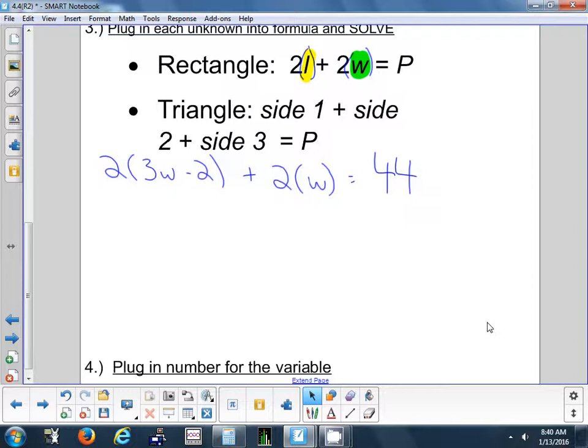So when I apply the distributive property to this first part, what am I going to get? 6w minus 4. All Corey did was just multiply those two things. And then when I do 2 times w, I'm sorry, what do I get?